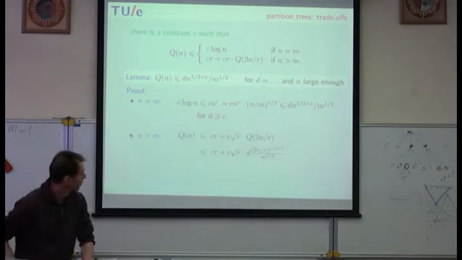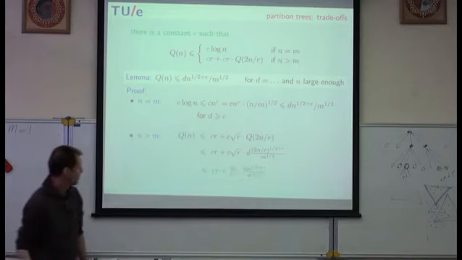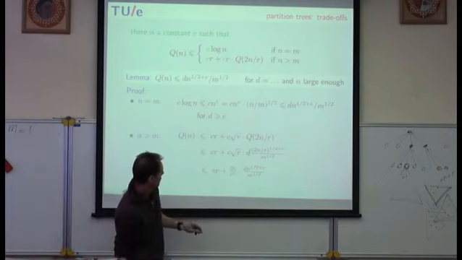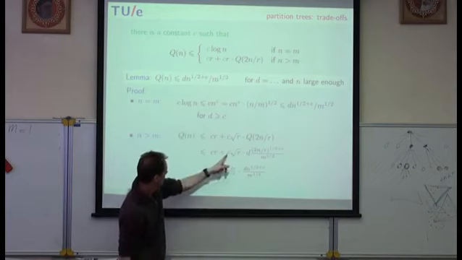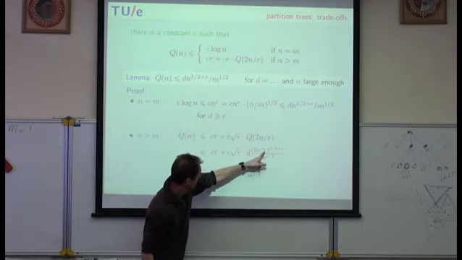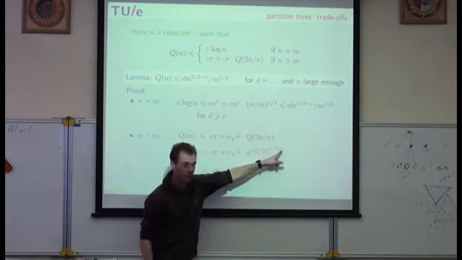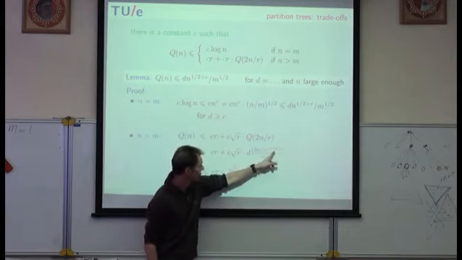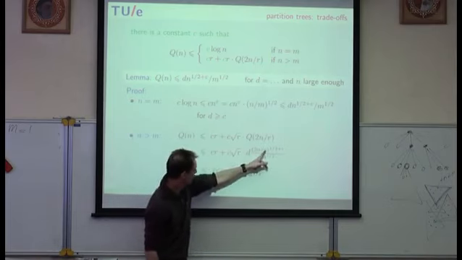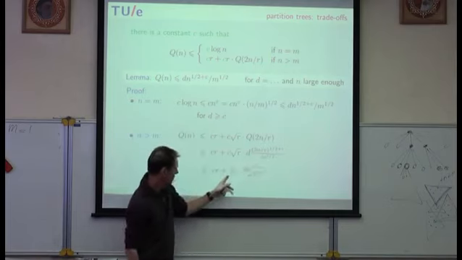Rearranging a little bit, I get my c here, I have square root of r, but here I have divided by r to the 1/2 plus epsilon. So this r to the 1/2, since I divide, cancels out with this root r, and I'm left with r to the epsilon, so that's here.